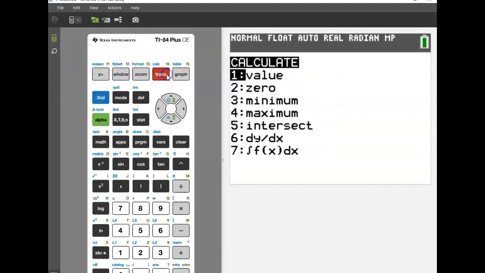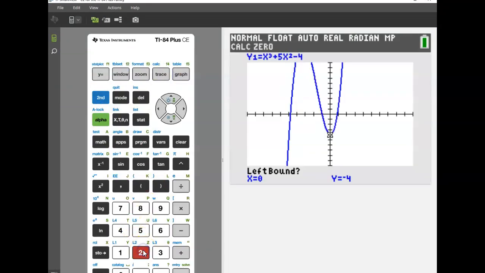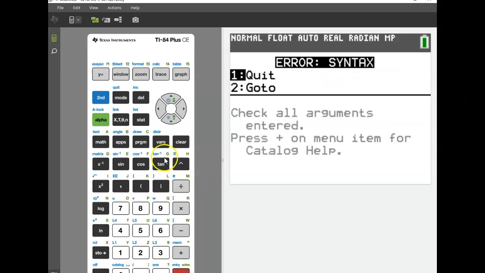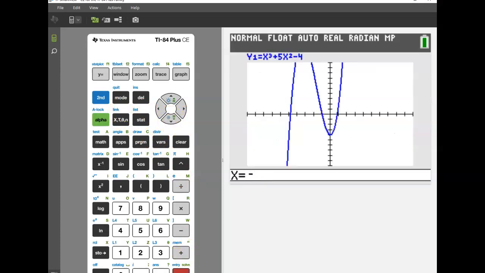Second, trace, choose 0, choice 2. Now this is where what we just did will be helpful. There was one somewhere between -6, that's my left bound. I just put a negative, -6, enter. And my right bound was -4, enter. I don't care about a guess.